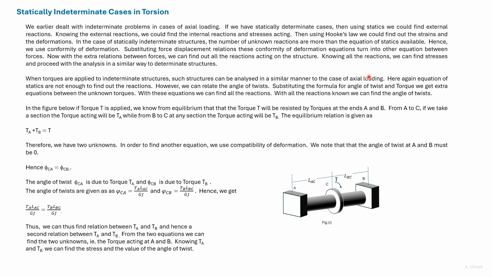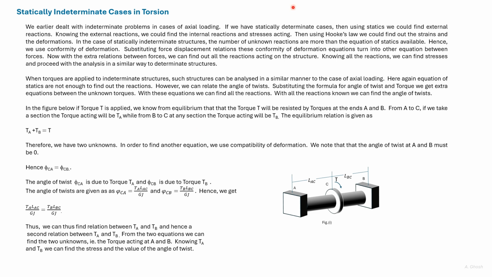Phi CB is given by this equation. The torque, as we earlier discussed in CB, would be EB. So we can substitute these two relationships in this equation and we get this expression.